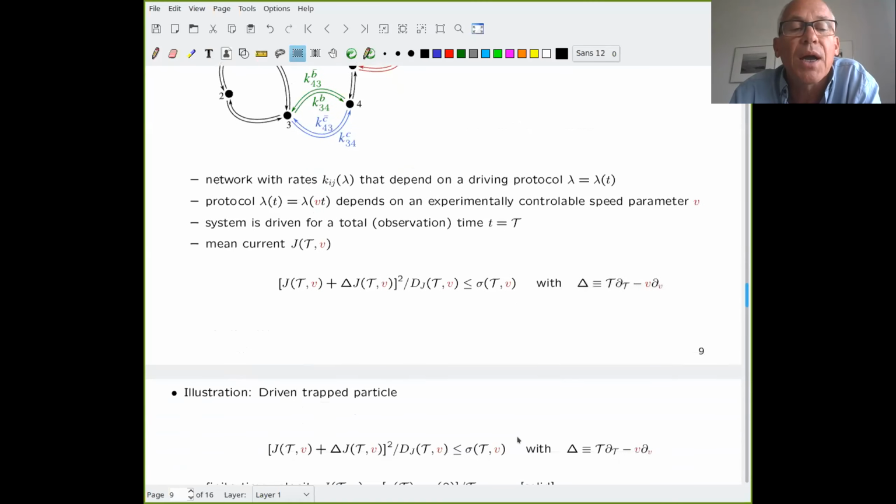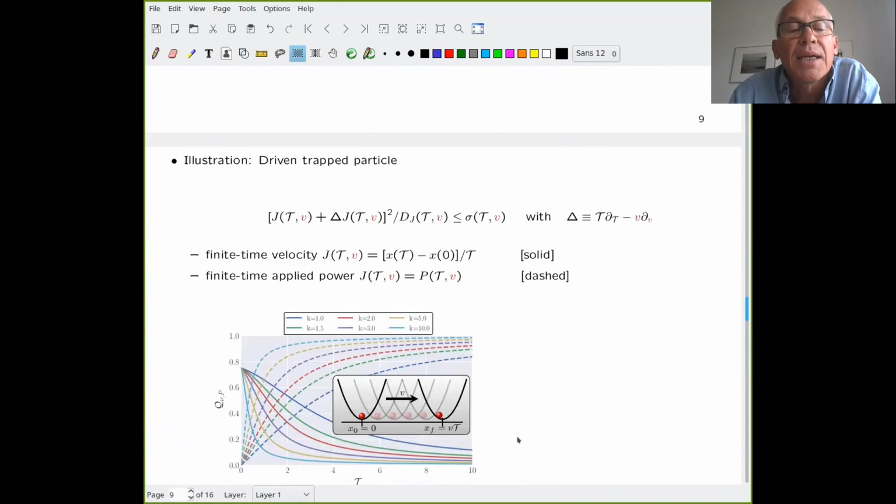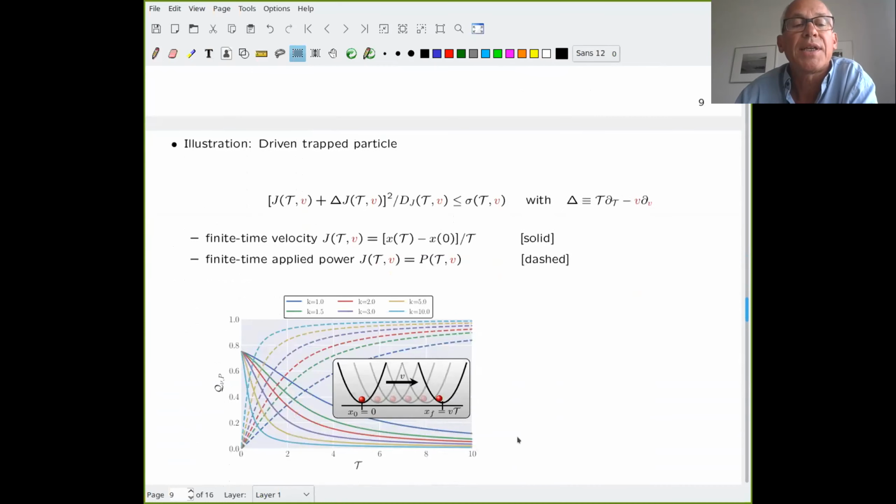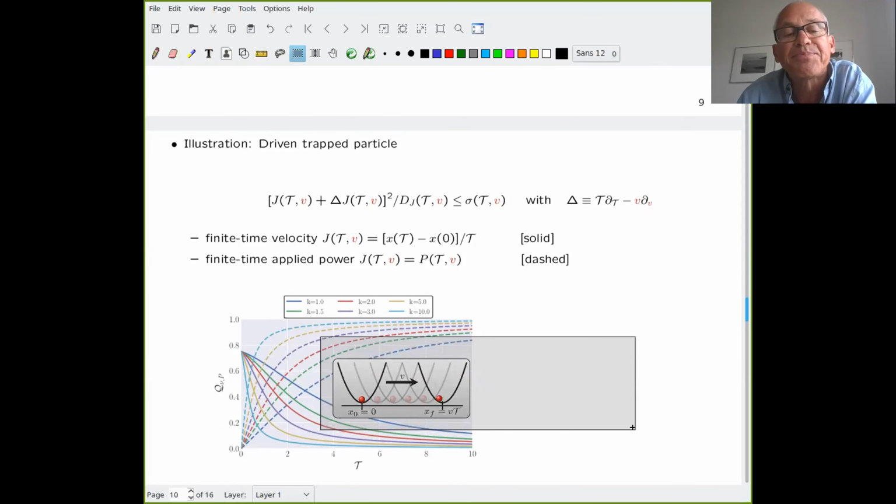So let me show you two examples. Here we do presumably the simplest case. We take a harmonic trap, and we have it at rest initially, some initial state, and then we start pulling it with a velocity v for a time t.